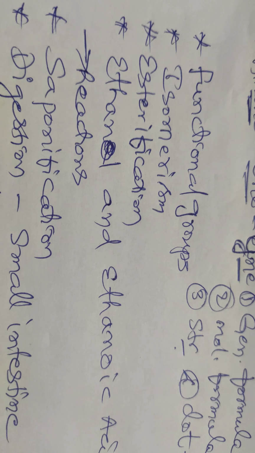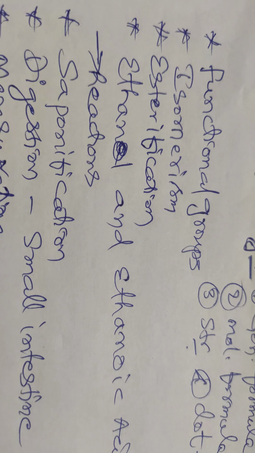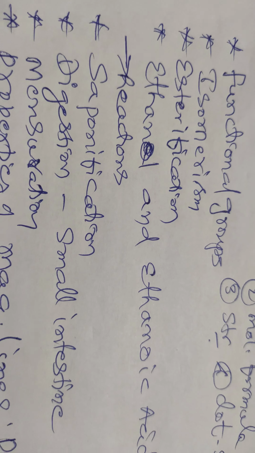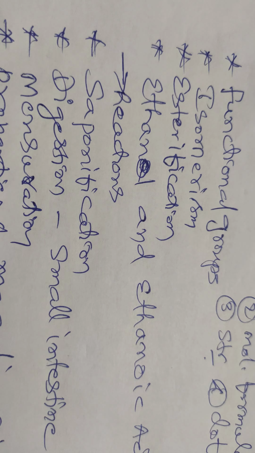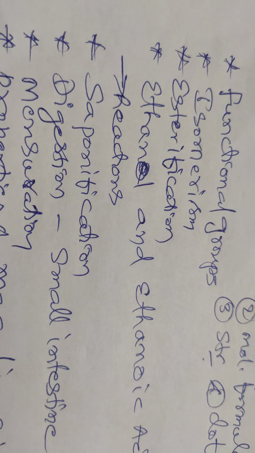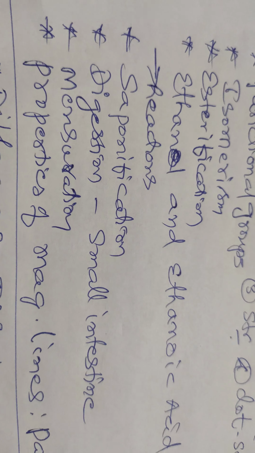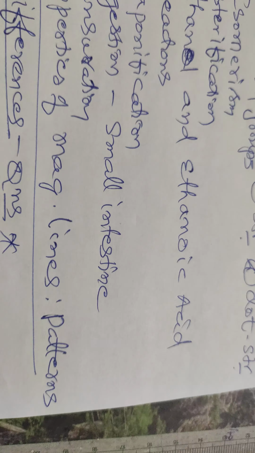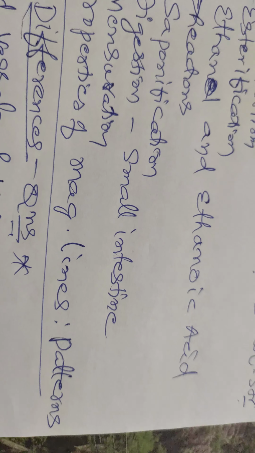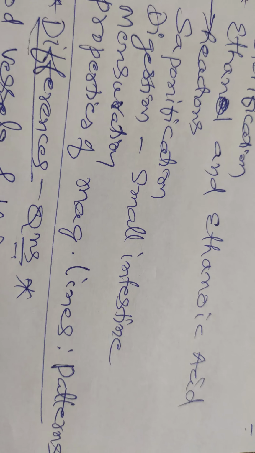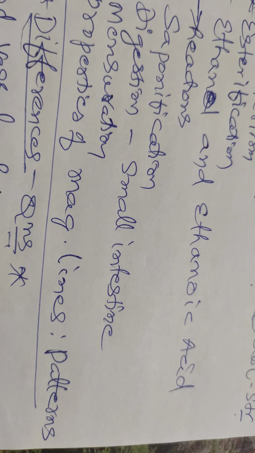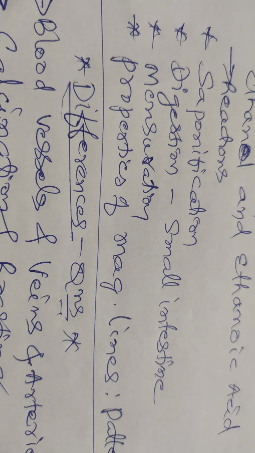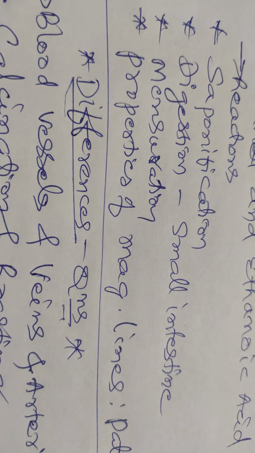And one important question, most of the times it is repeated: digestion in the small intestine, how does that happen? One question will be on menstruation, and properties of magnetic lines and also patterns around a solenoid, a straight conductor, a loop, a coil.